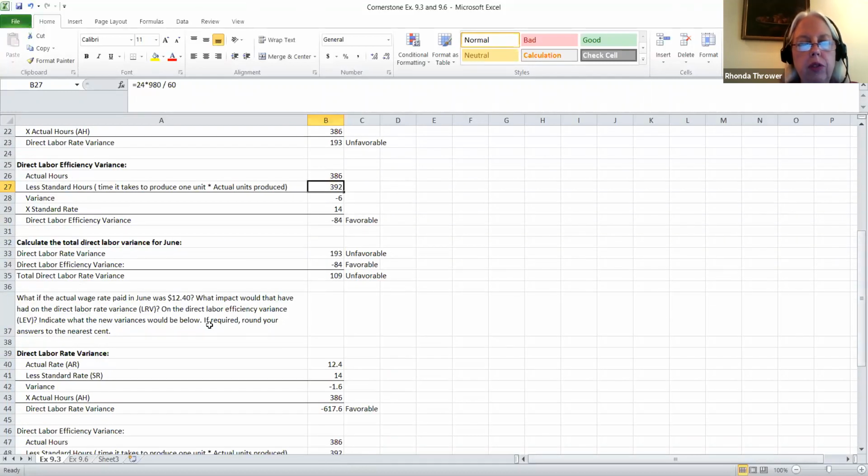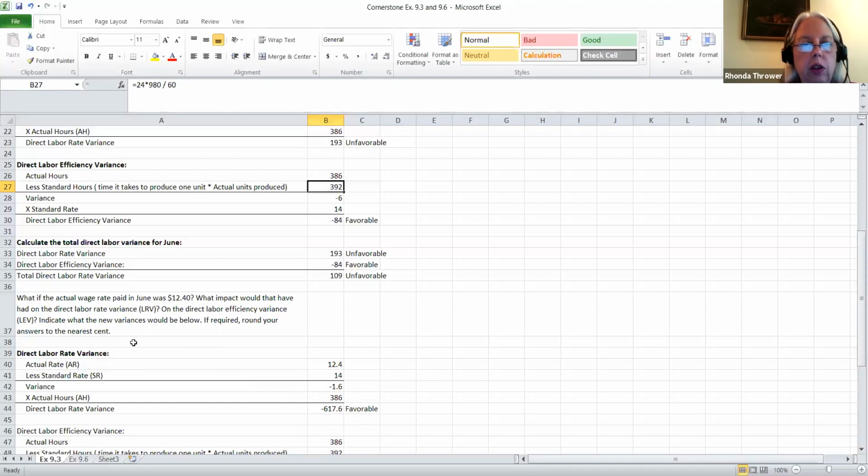They had a what if analysis on this problem, and it says, what if the actual wage rate in June was $12.40? What impact would that have had on the direct labor rate variance? Well, it changes the direct labor rate variance, as you can see here.